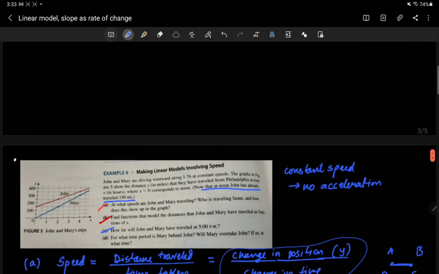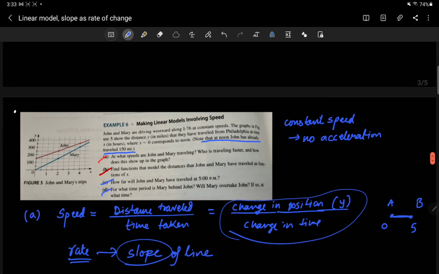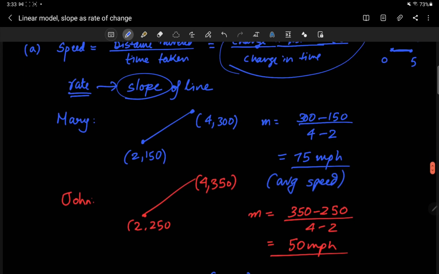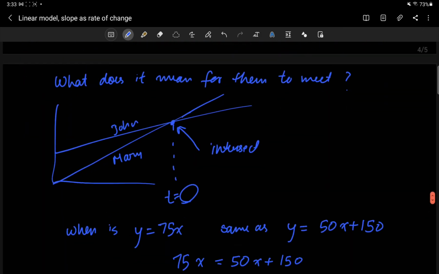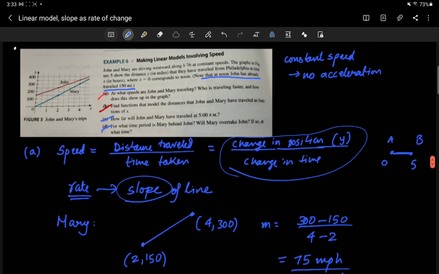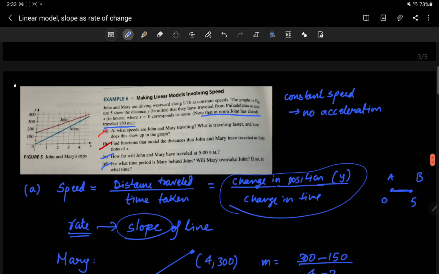Okay, so that's what this problem is asking. For the time period before 6 o'clock, so for about 6 hours, Mary is going to be behind John, and after 6 hours, she will overtake John, and then John can never overtake, because these are straight lines, it's a linear motion. And intuitively that makes sense, because although Mary starts 150 miles behind, she is traveling on average faster than John, by 25 miles an hour.